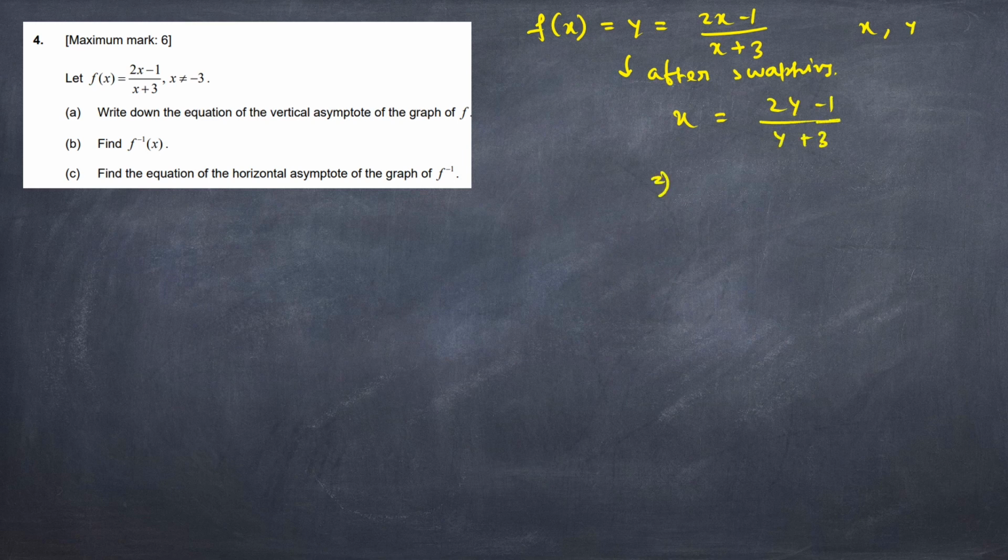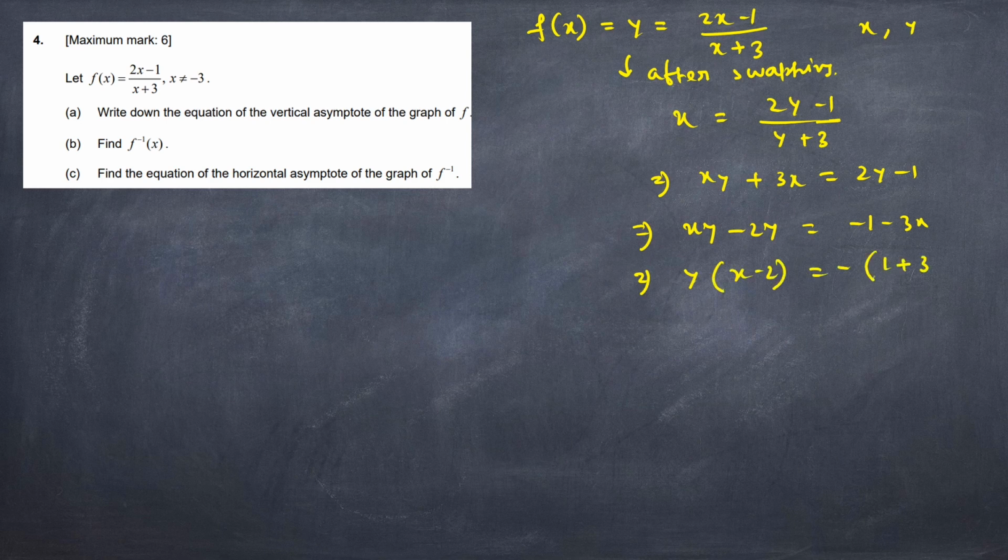Now we will cross multiply. So xy plus 3x is equal to 2y minus 1. We will take the y parts to one side. So xy minus 2y is equal to minus 1 minus 3x. We can take y common, so y times x minus 2 is equal to minus 1 plus 3x, taking minus 1 common.